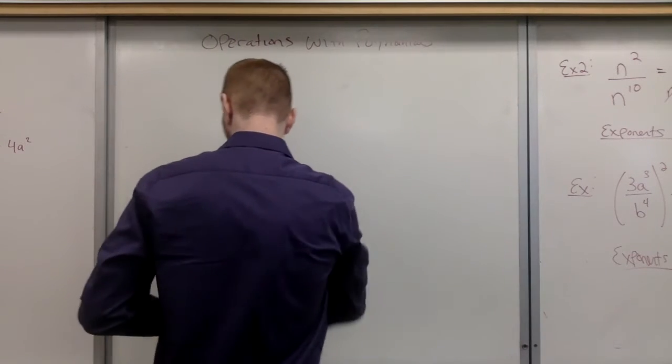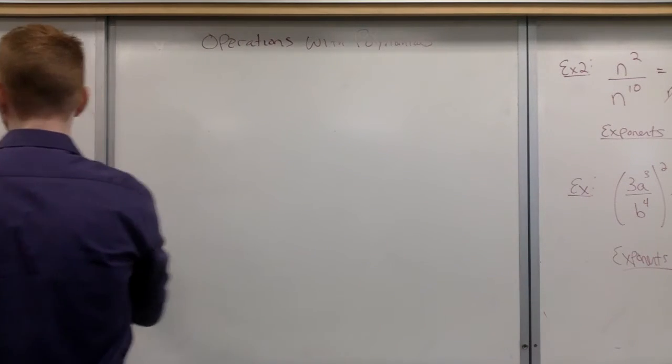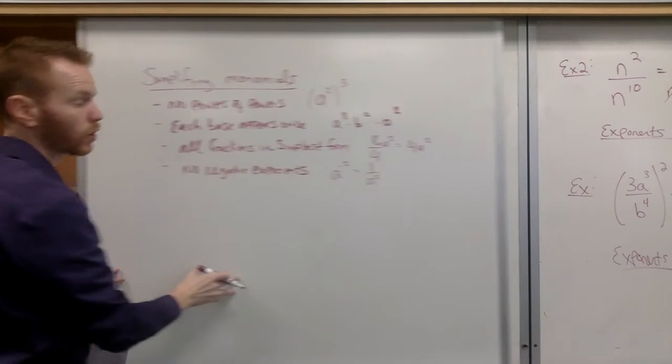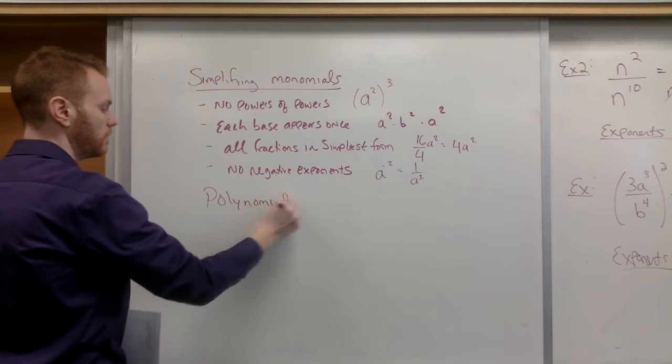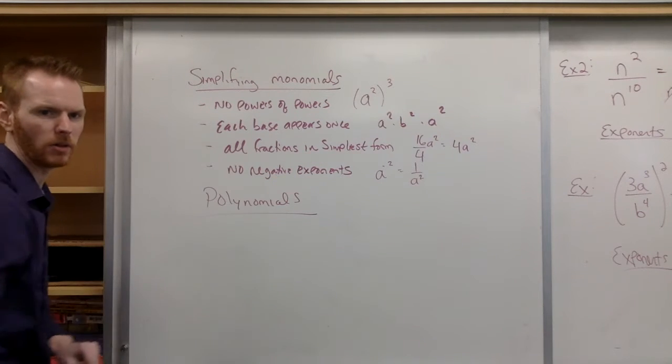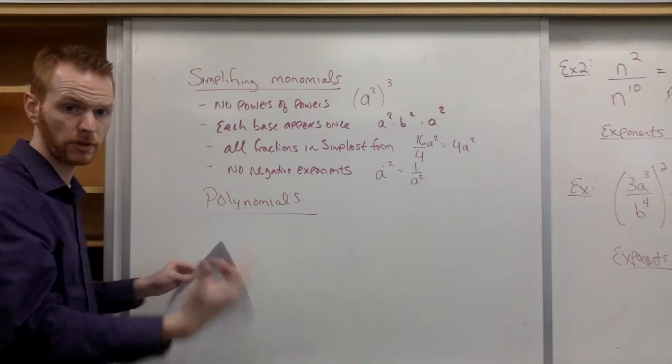Okay. So let's talk about polynomials. In fact, I'll tell you what. Let's put it right here. Poly means many, right? We have many monomials, many single terms. So we're going to put those together.